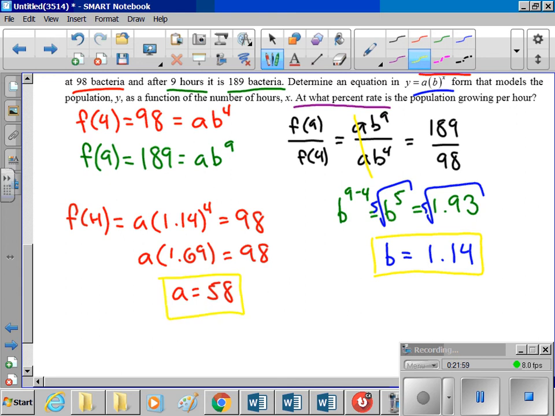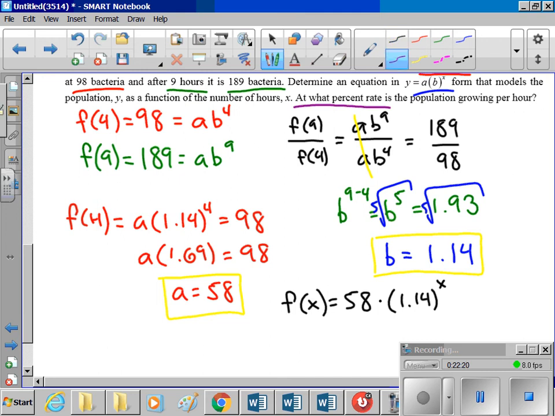Okay, so we start with 58. So the equation we write is going to be f of x equals 58 times 1.14, that's our b, to the power of x.